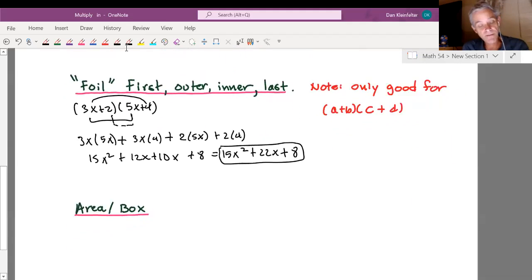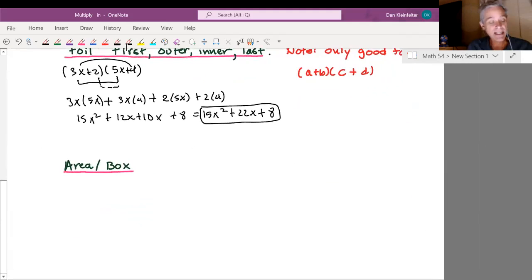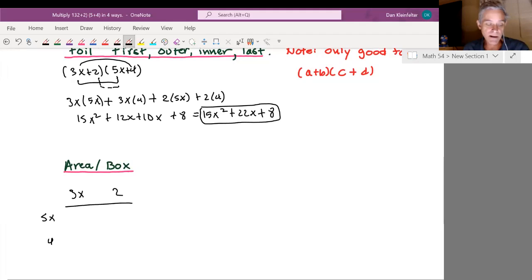Okay, the fourth and last way I'm going to show you this is through an area or box method. Here we're multiplying 3x plus 2 times 5x plus 4. So I'm going to make a box with 2 rows and 2 columns in it because each of my polynomials has 2 terms in it.